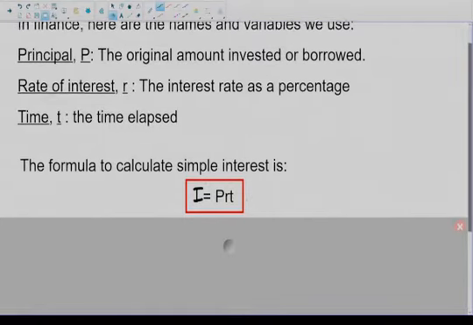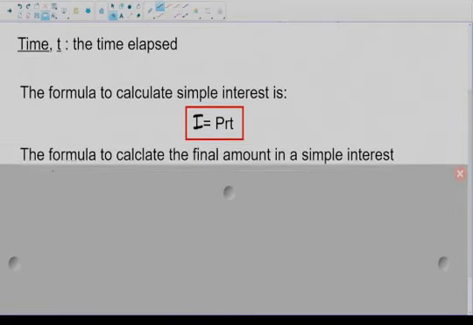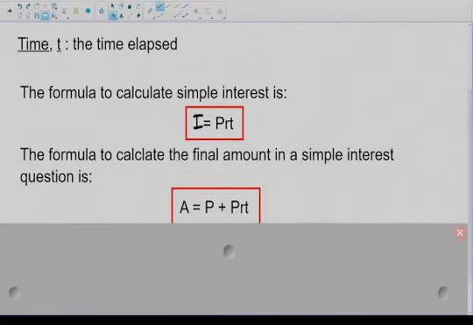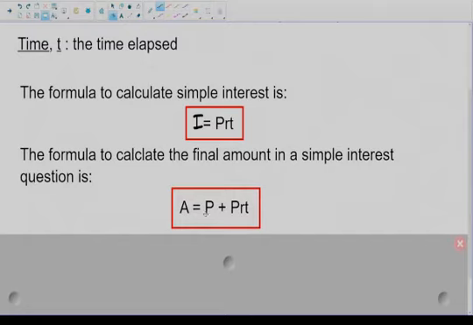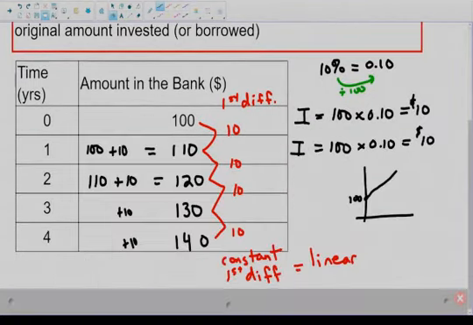Now, once we've calculated the interest, which is PRT, to calculate the final amount, we just add what our original amount was, which is our principal, plus the interest, which is PRT. So we just add those two together. And that's what I was doing in the table here when I added the 100 plus the 10, I was adding our principal plus our interest.